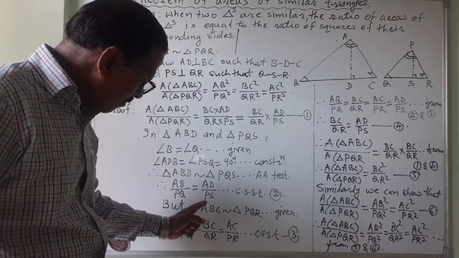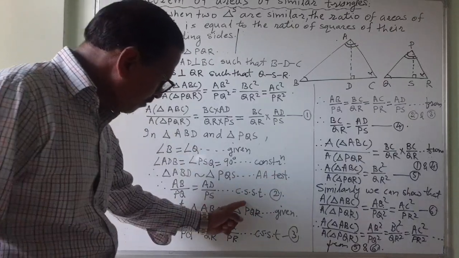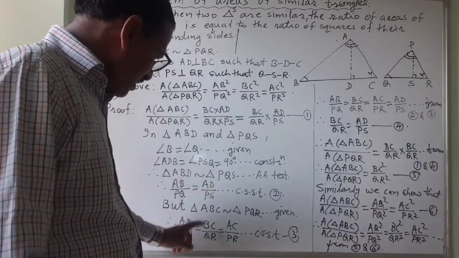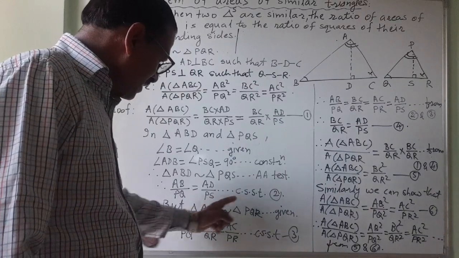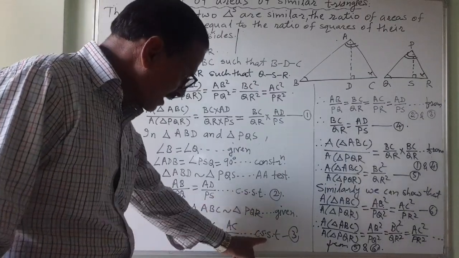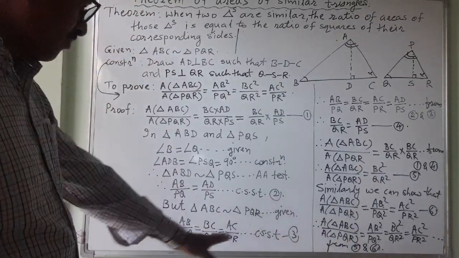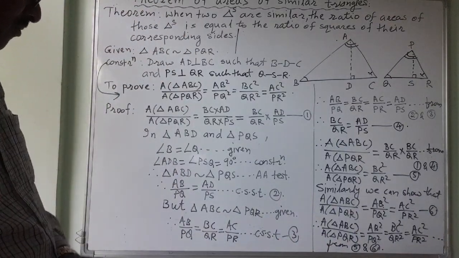First and last jump, A to C, P to R. So AB upon PQ is equal to BC upon QR is equal to AC upon PR. These are the corresponding sides of similar triangles. This statement we are given as number 3.